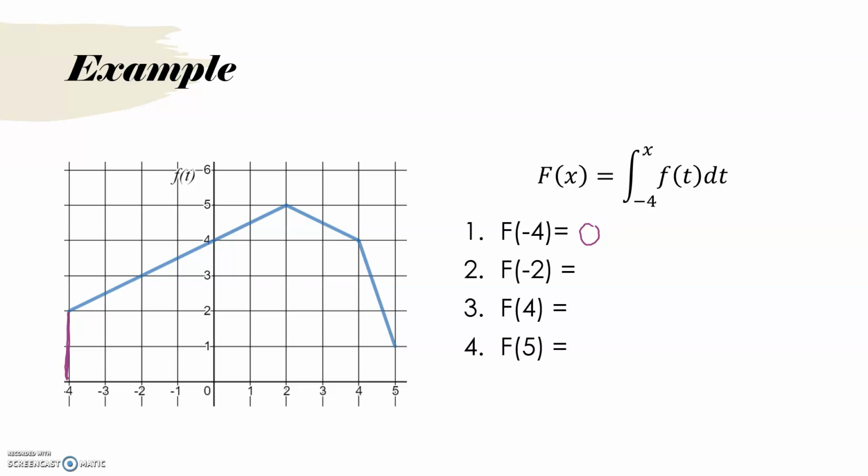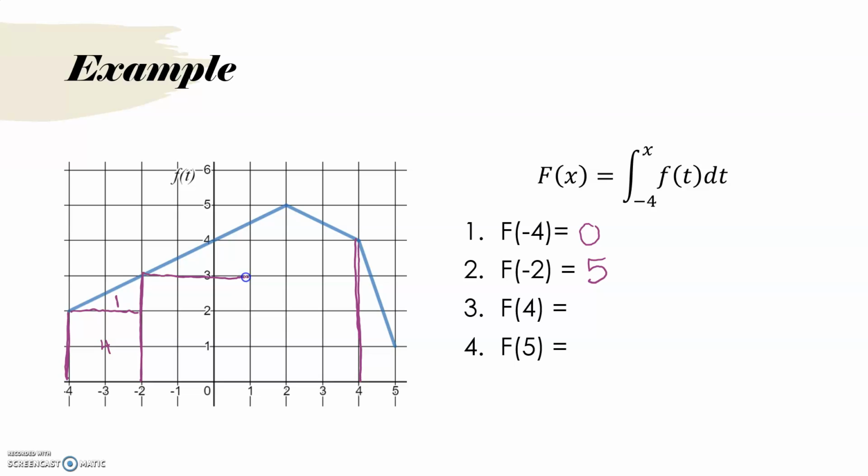Okay, then I want to go to -2. At that point, it looks like I have 4 plus another 1. So I have 5. And I want to go to 4, so I'm going to accumulate a whole bunch more area at that point.